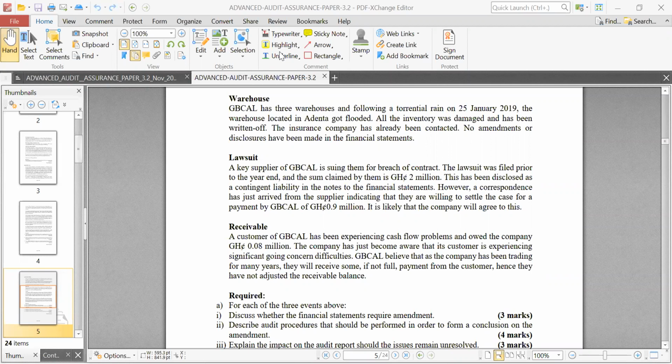Can you come again with the two scenarios? I said, if you think that the company became aware of the going concern issues after the reporting period, type 1. If you feel like they became aware before the reporting period, say 2.